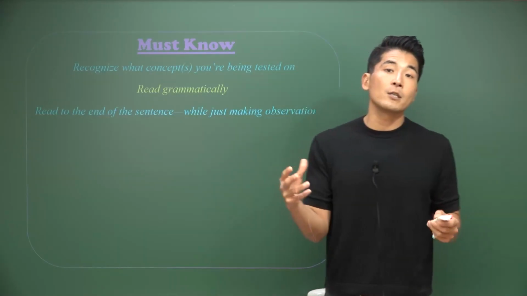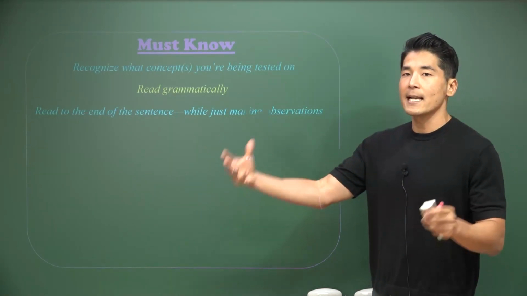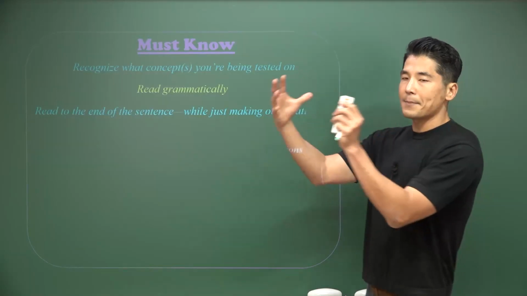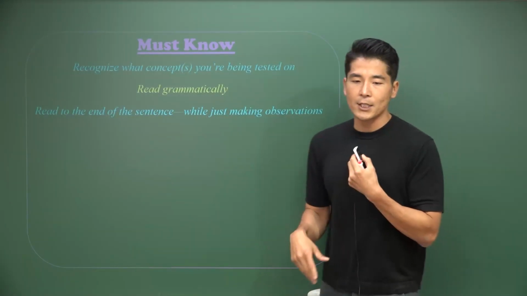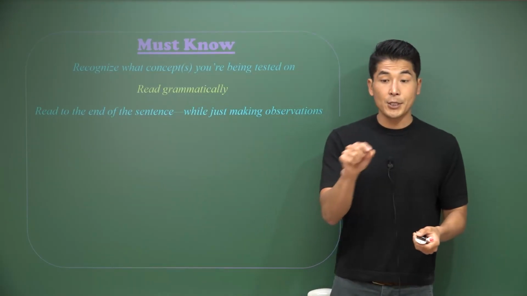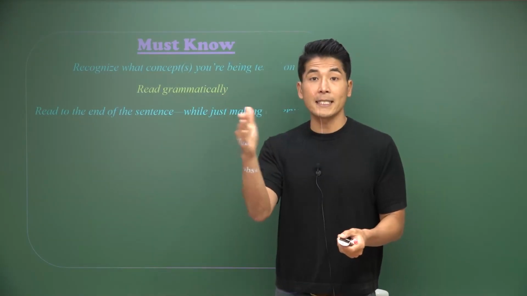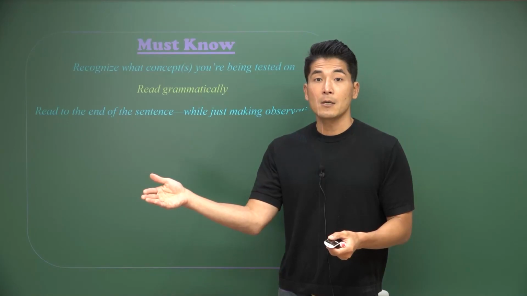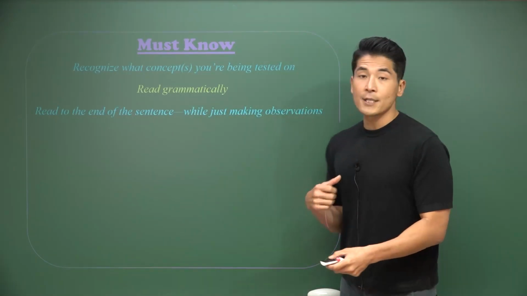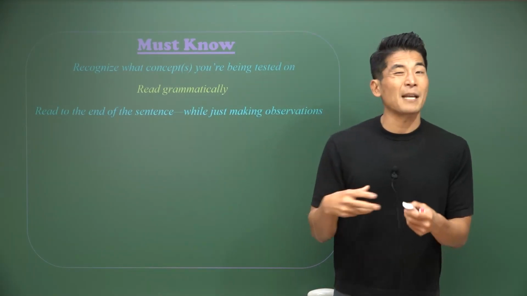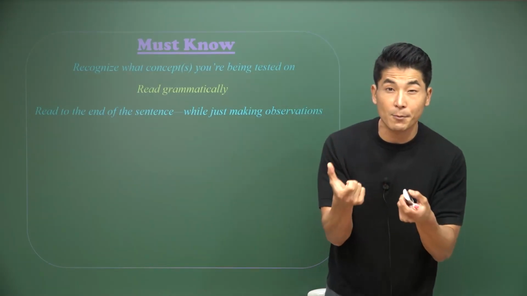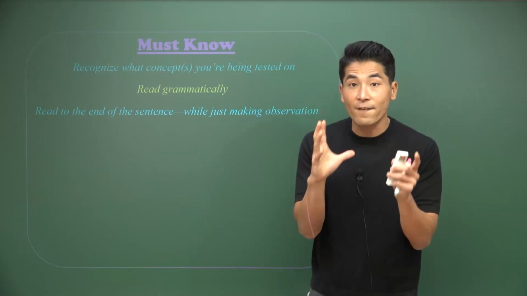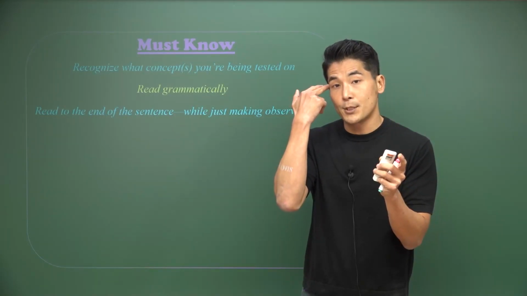Also, remember to read to the end of the sentences while just making observations. That's it. You're not trying to solve the question as you read. You're just reading grammatically and reading to the end of that sentence. Now, observations that you're making could include punctuation marks. Maybe you observe, oh, this punctuation mark isn't used correctly. Well, that's fine to note or observe that.